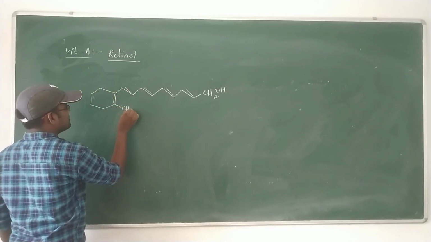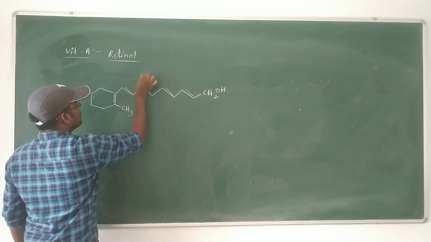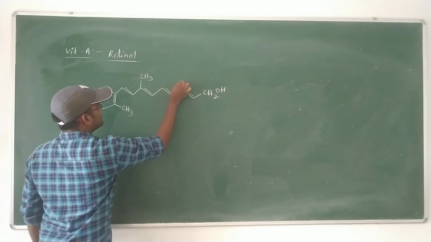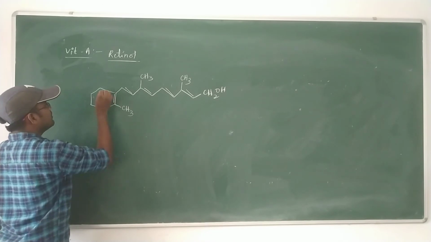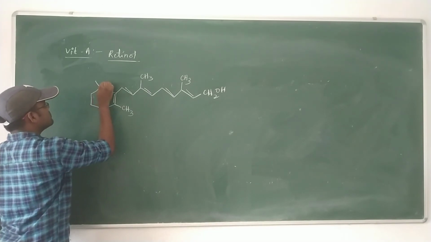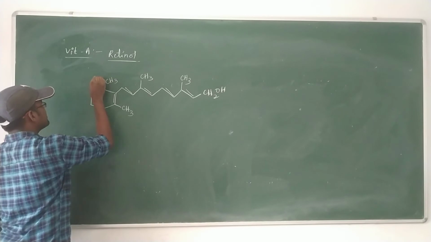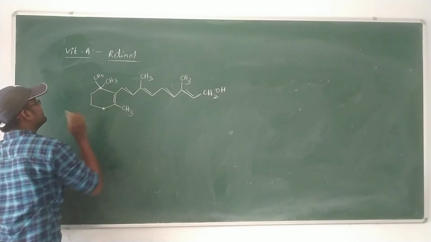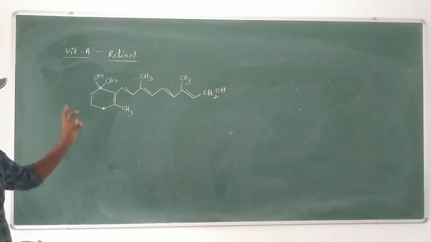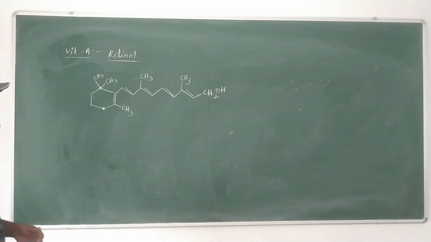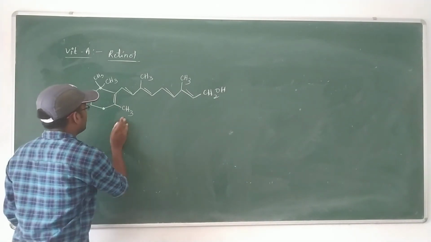Alkyl substituents: 1, 2, and 3 alkyl substituents, and ring residues: 1, 2, two ring residues. These 2 CH3 we cannot take as alkyl substituents because they are directly attached to a saturated carbon, not an unsaturated one. So this is retinol.